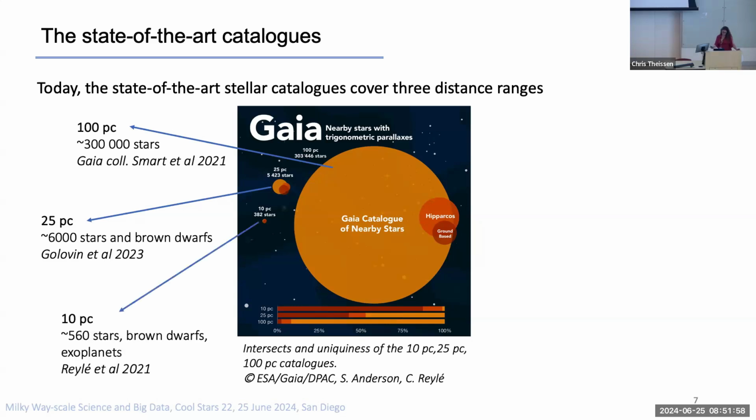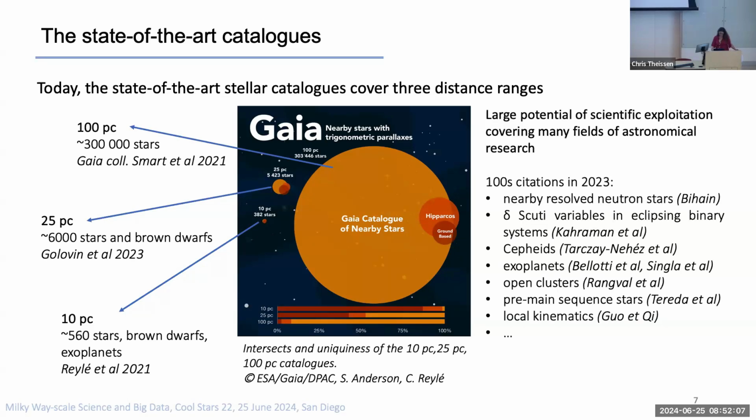And the very nearby 10 parsec, where you can also have information on exoplanets. And just in one year, last year, the 3 papers I put here were cited more than 100 times in many studies, showing that these catalogs cover a large potential of scientific exploitation in many fields of astronomical research.